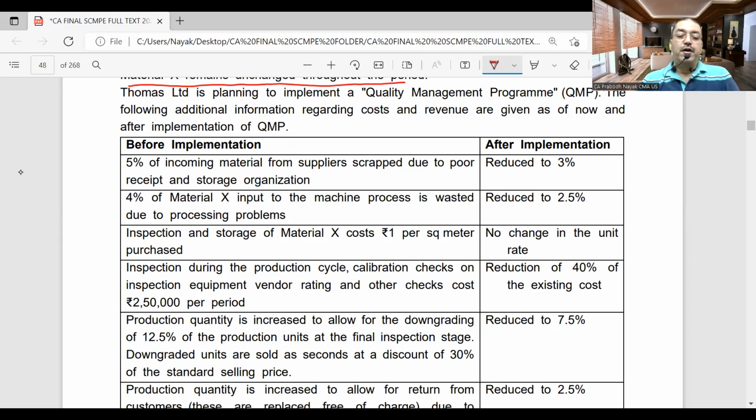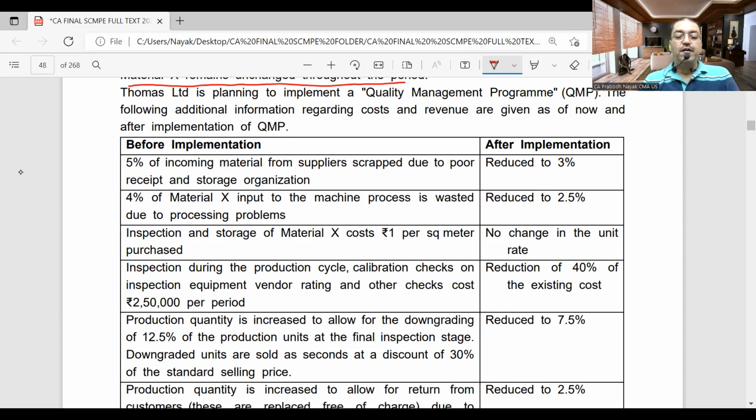Next one, production quantity is increased to allow for the downgrading of 12.5% of the production units at the final inspection stage. Downgrading means they are found to be of inferior quality. But these downgraded units are sold as seconds. Sometimes you find second sales in the market. Second sale means defective items also.